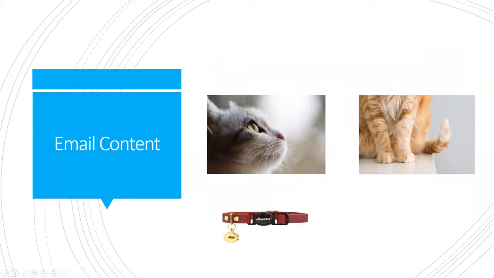So to talk a little bit more about the content of an email, you'll have a header, which is where the to and from information is. And obviously that's important to know, right? It's important to know who wrote the email, who might have been forwarded the email, when it was sent, and other content. And again, that can be really helpful when you're attempting to establish the authenticity of a record.